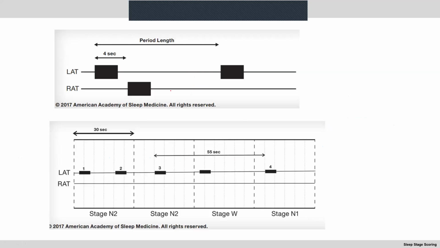If both legs are moving, whether it is one leg movement or two, we have to see if the onsets come within 5 seconds. If so, it is called one leg movement. If it is more than 5 seconds, it is not called one leg movement.